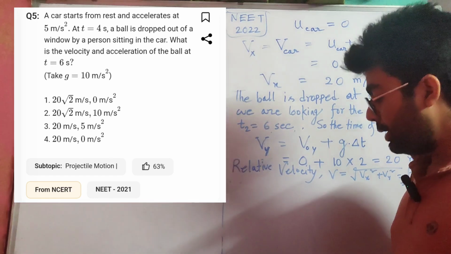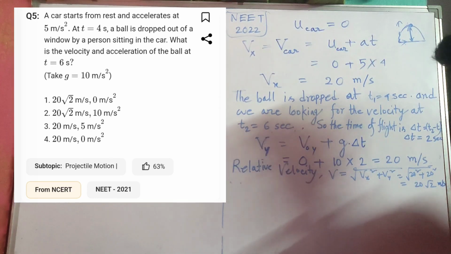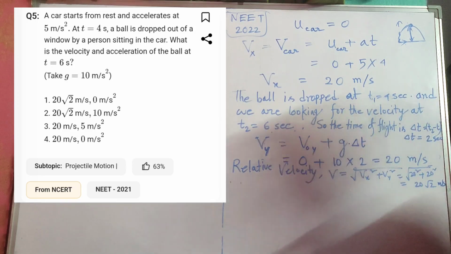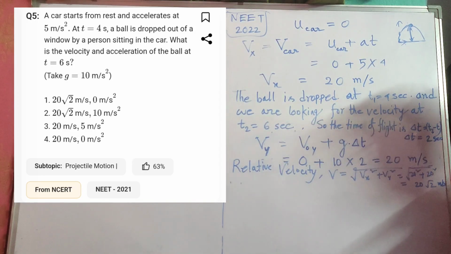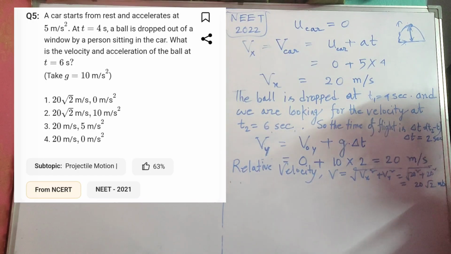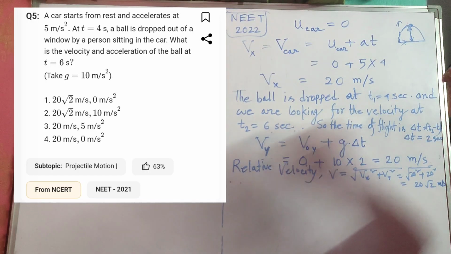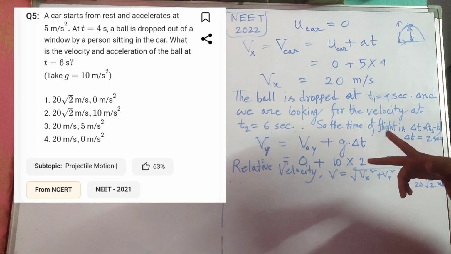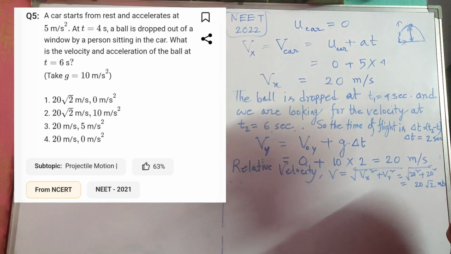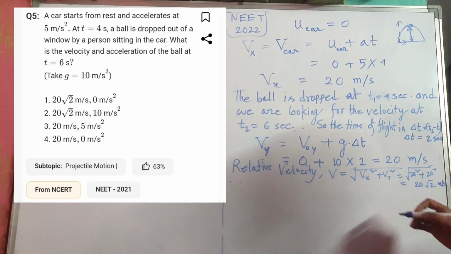And you know, after being dropped, the only force acting on the ball is gravity. The acceleration of the ball is equal to the acceleration due to gravity. That means g is always 10 meters per second squared.